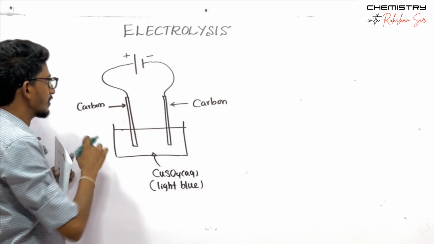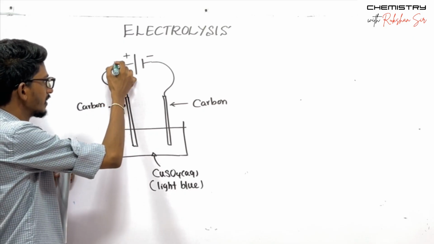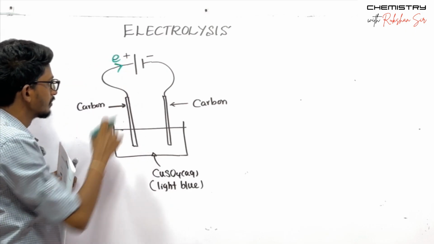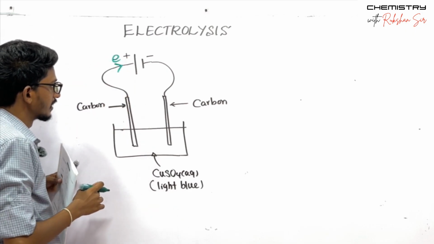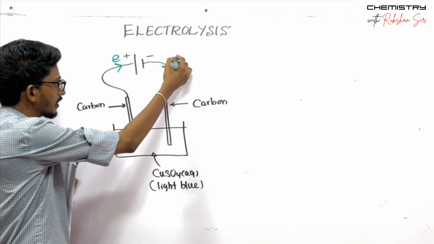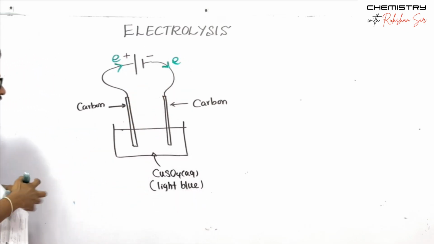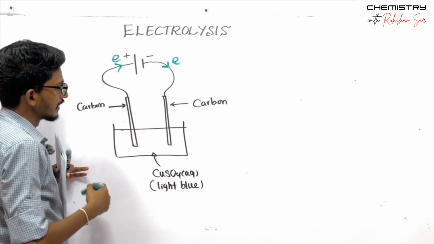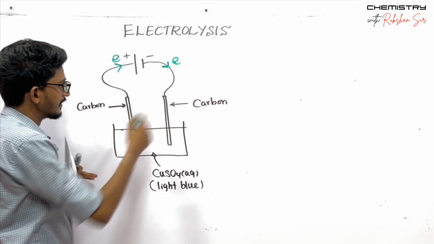This is the positive terminal. So towards the positive terminal, electrons will be attracted. Electrons, the negative charges, will be attracted towards the positive terminal. And from the negative terminal, electrons will be pumped out. The negative particles will be pumped out by the negative terminal.